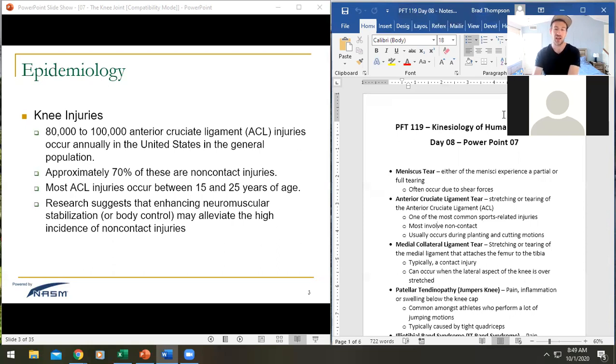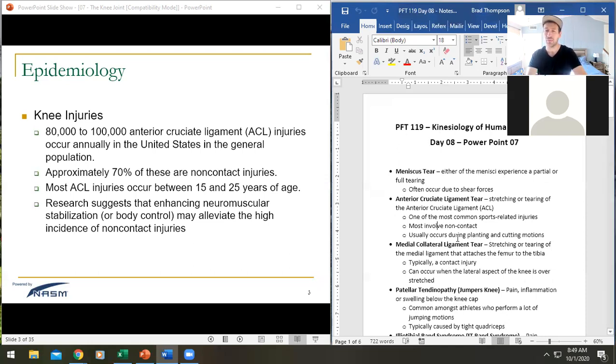A lot of times, most of these injuries tend to be non-contact injuries. ACL tears are typically associated with planting and cutting motions. That's a non-contact injury, where somebody maybe jukes this way, turns and tries to accelerate, and ends up tearing their ACL.